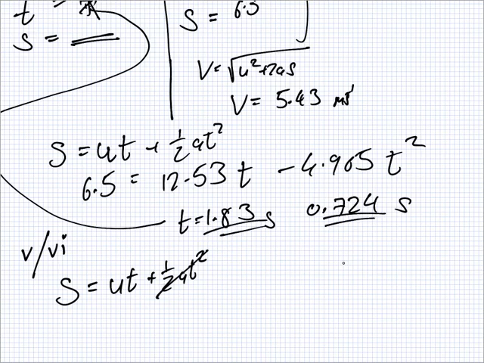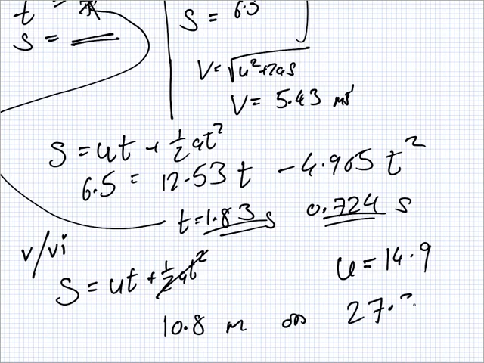And what was the U horizontally? 14.9. Right, so the first answer is 14.9 times 0.724. So you have 10.8 meters or 1.83 times 14.9 or 27.3 meters.